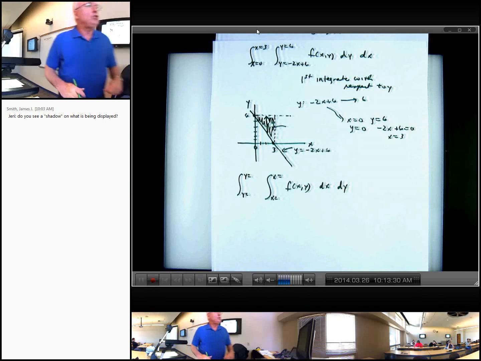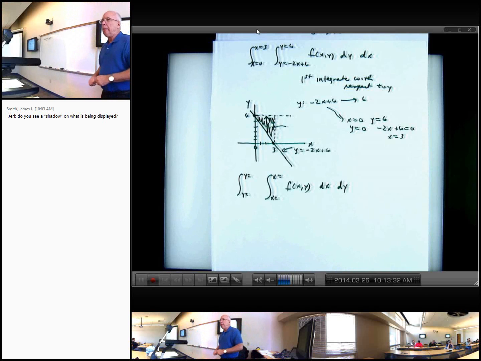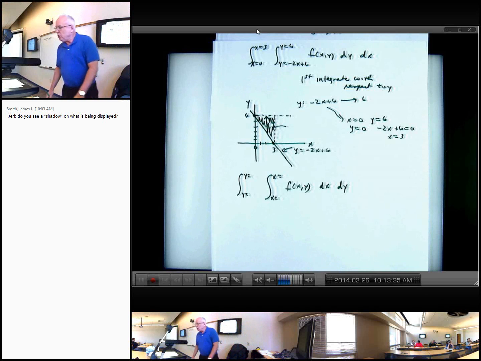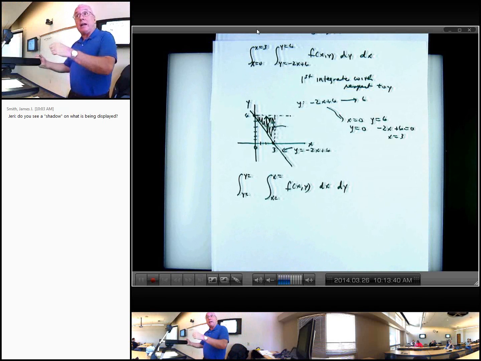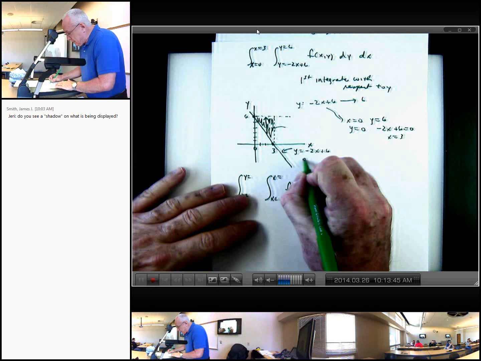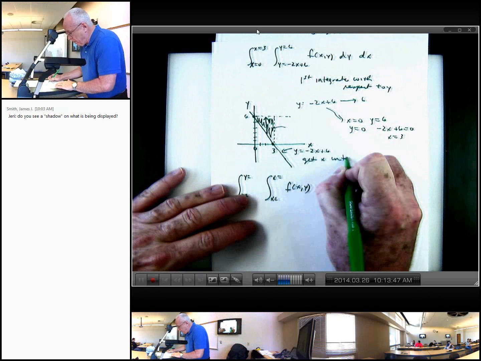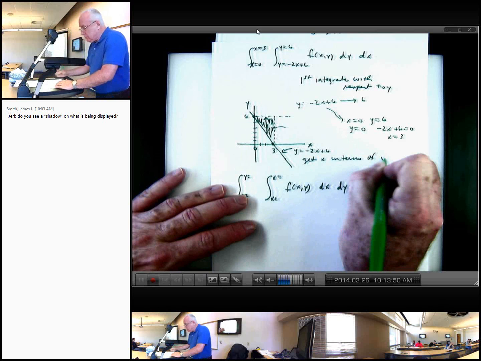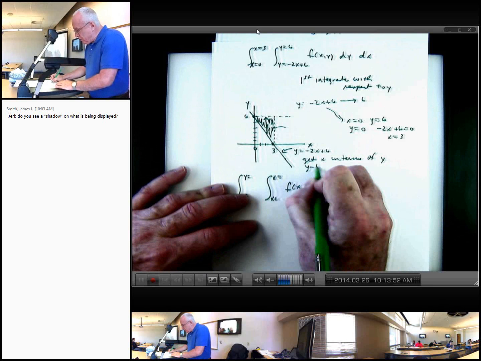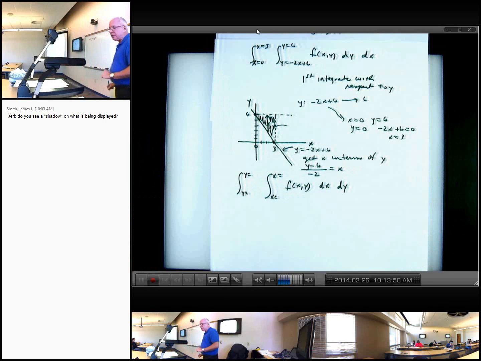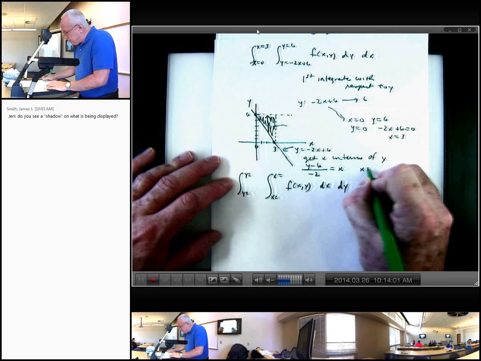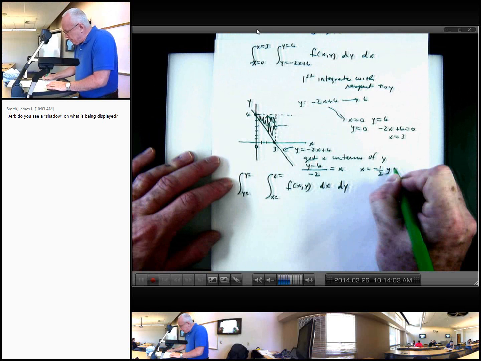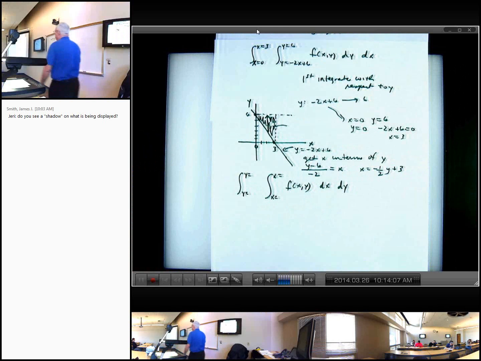What do I need to do with that equation? Okay, so y minus 6 divided by negative 2 equals x. I need to get x in terms of y. So I get y minus 6 over negative 2 is equal to x, and I can maybe make that look a little bit nicer. How about x equals minus 1/2 y, and then plus a positive 3.